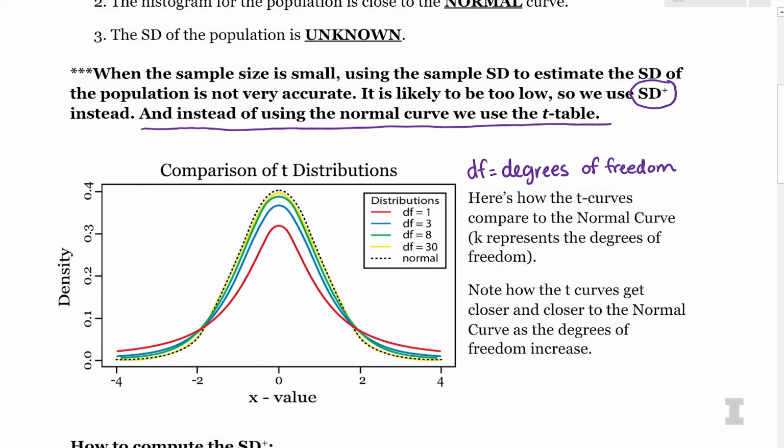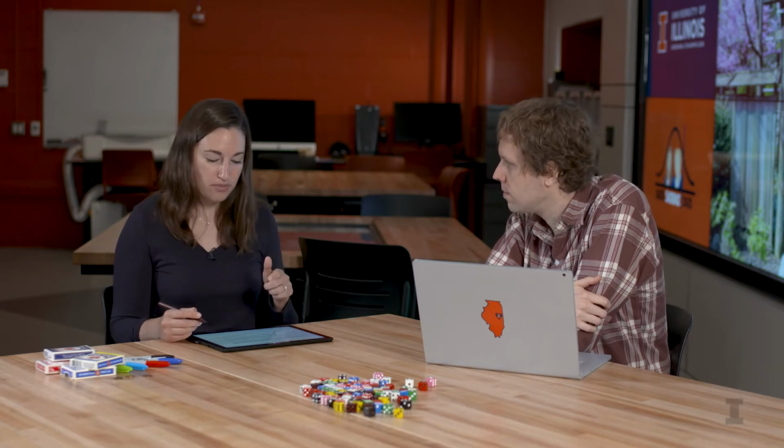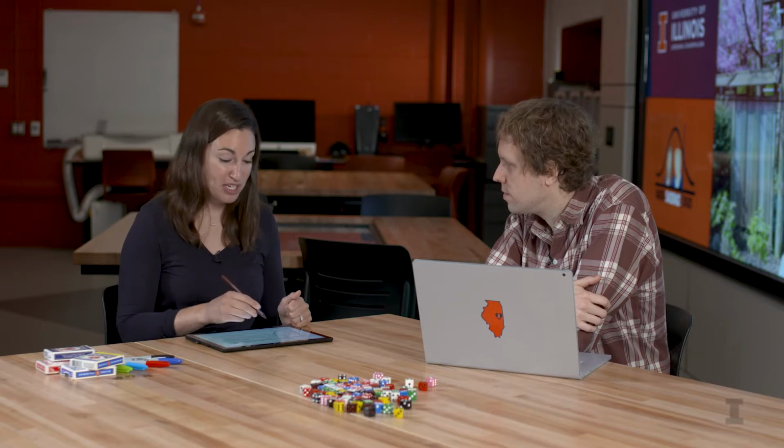For the t-test, the degrees of freedom is just the sample size minus 1. I said earlier that the t-curves change depending on the sample size, and the t-distribution is defined by n minus 1 instead of just n. That will come up when we calculate our p-value, because now we don't have just one curve to look at; we have different curves depending on the sample size. So DF is just sample size minus 1.